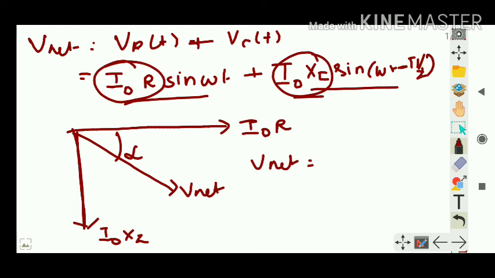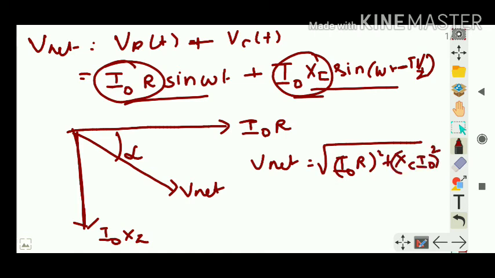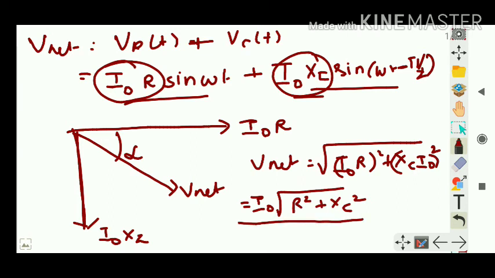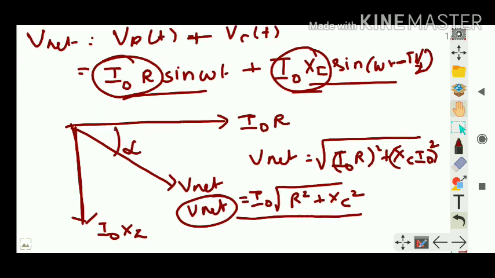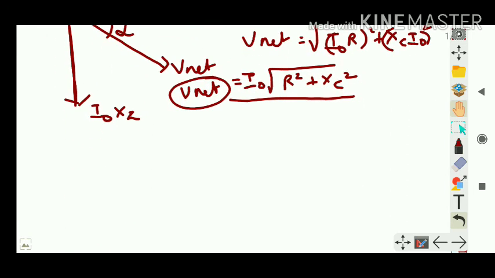Just like vectorial addition, it is I naught R whole square plus XC I naught whole square. I can bring I naught outside, it will be R square plus XC square. This is our net voltage amplitude. Phase has not been written till now. Clear? So this section, voltage will be current into resistance.